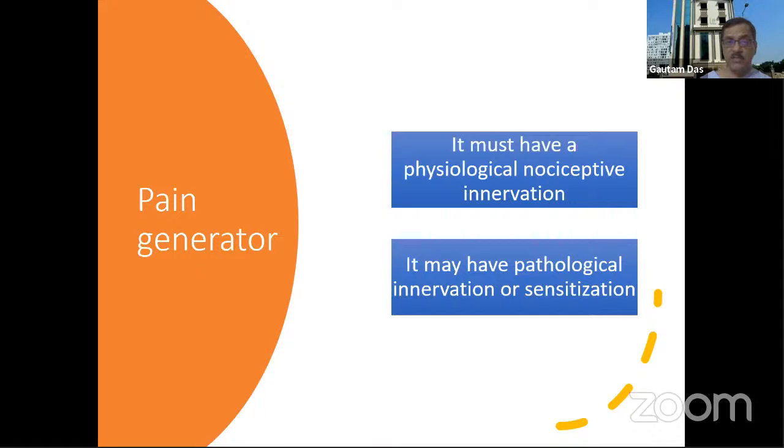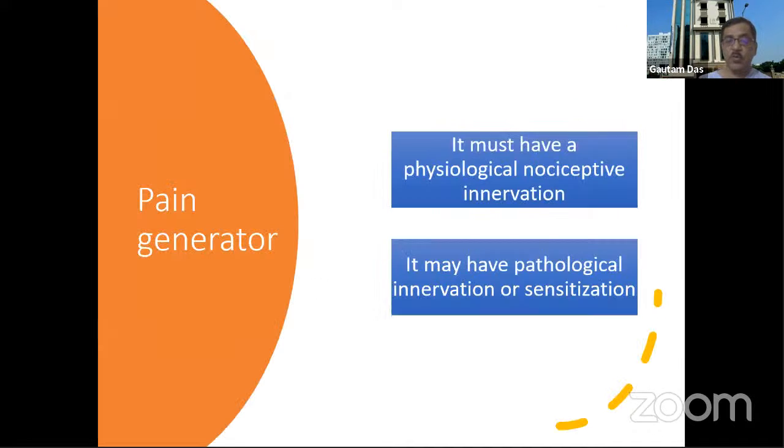Cell bodies are not increasing or decreasing in number, but the axons and dendrites can grow and innervate an area which was not normally innervated anatomically and physiologically, but in pathological conditions might be innervated. So whether it is a normal physiological nociceptive innervation or a pathological one, it must have some nerve supply. Otherwise, it cannot be a pain generator. So that is the concept.